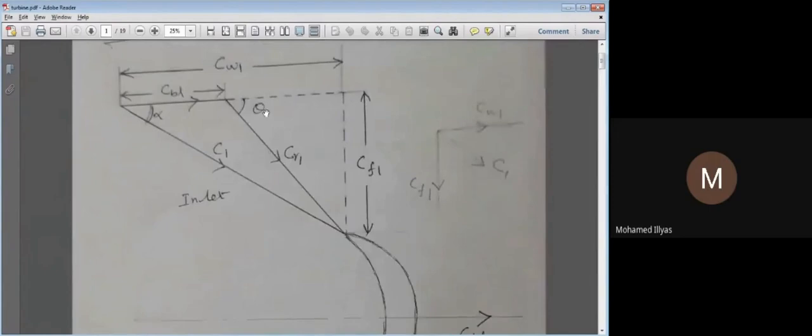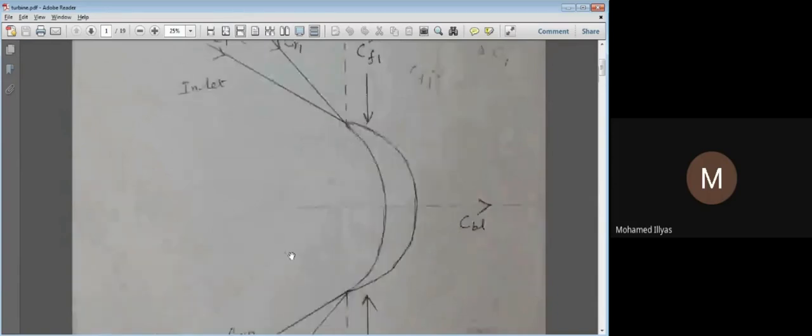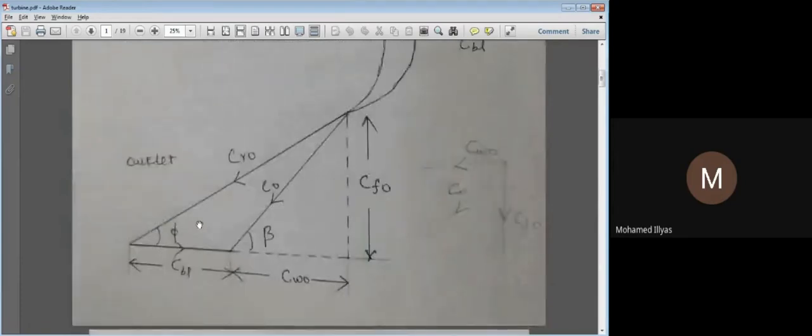When CRO makes an angle of theta, theta is the inlet blade angle. When CRO makes an inclination with the horizontal, this phi is called the outlet angle of the blade. So alpha is the steam striking angle, beta is the steam leaving angle, theta is the inlet angle of the blade, and phi is the outlet angle of the blade.